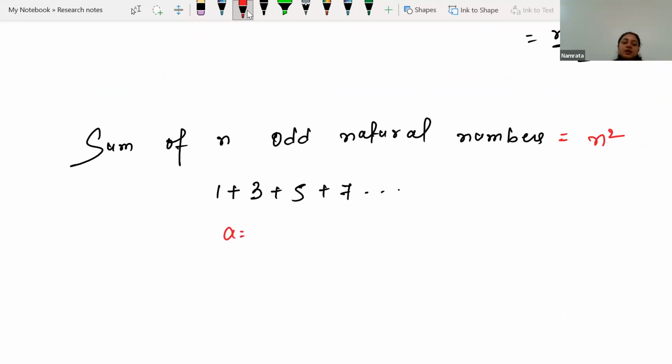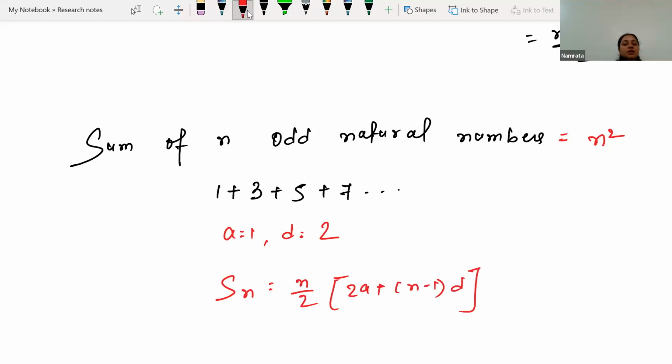So here a is 1. What is the common difference, Lena? 2. So sum of n terms will be n by 2, 2a plus n minus 1 into d, because this is not the nth term, we are finding the sum.